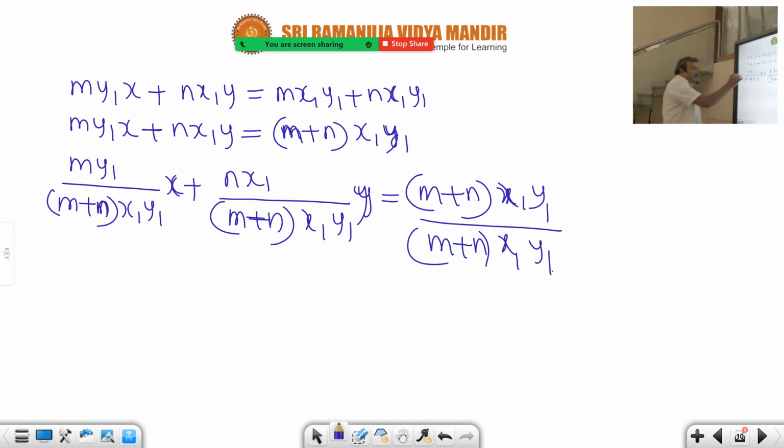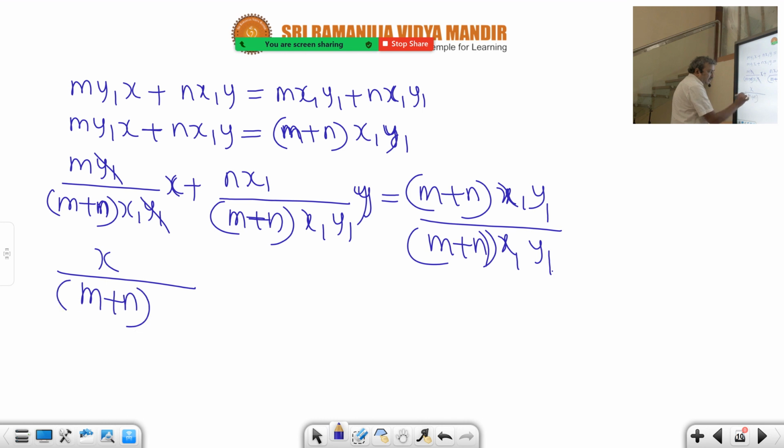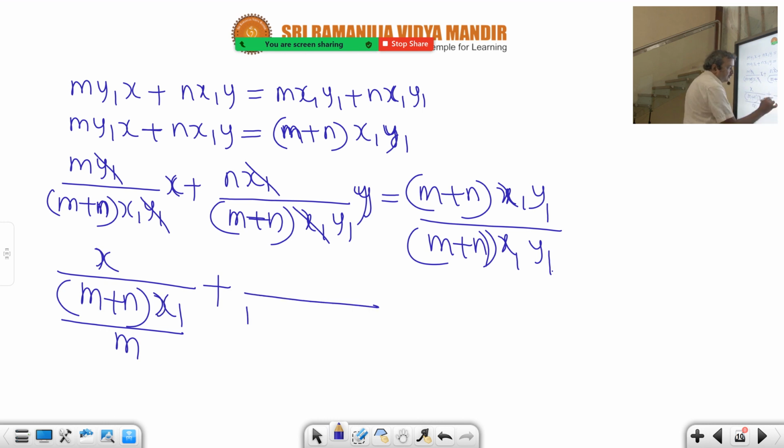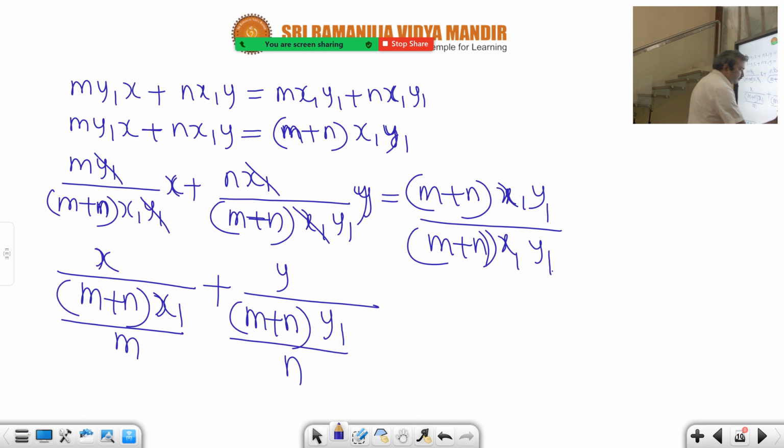So from this y1 cancels, and this comes down: x by m plus n into x1 by m, correct. Now here x1 is cancelled, y by m plus n into y1 by n, and it is 1. So write down. Moving to next one.